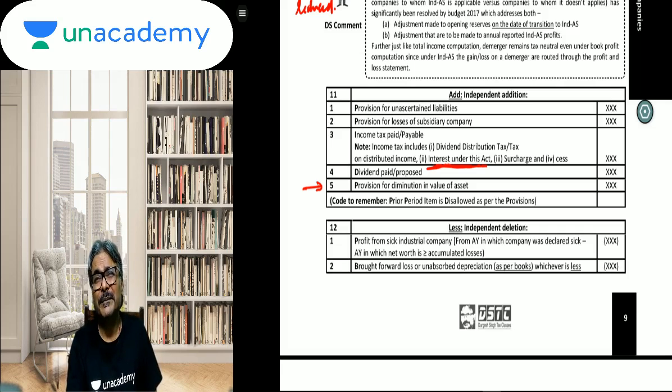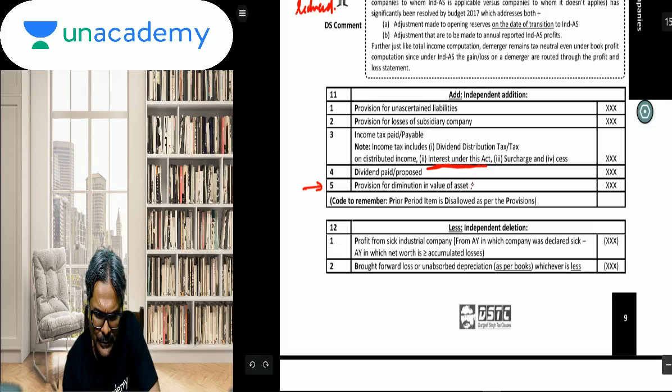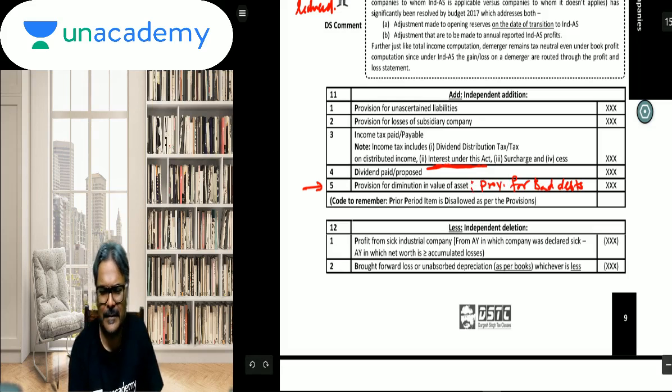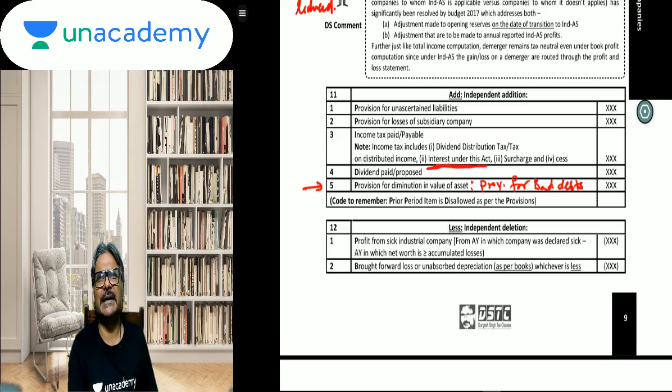These sort of deliberate adjustments that the government have done, they have never supported the underlying logic on the basis of which the MAT was being introduced. So provision for diminution in the valuation of the asset, students. A simple example which can be given is provision for bad debts. If there is a provision for bad debts, please add it back. So that is what it is.